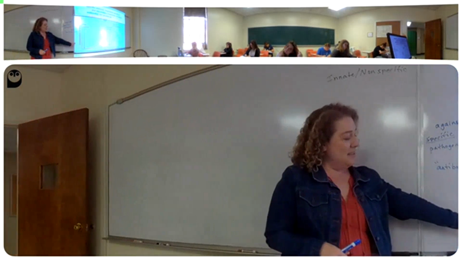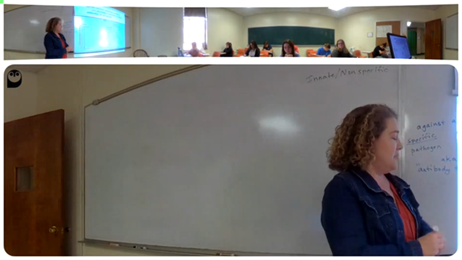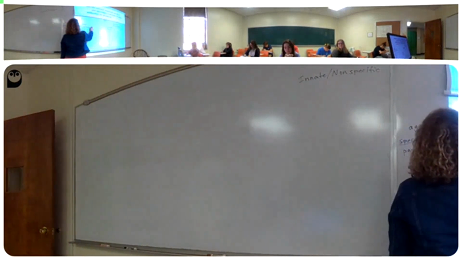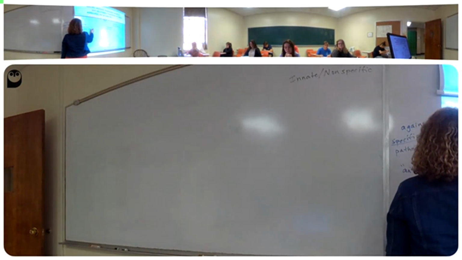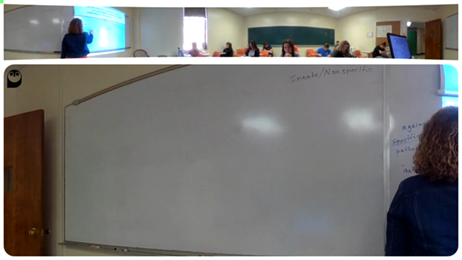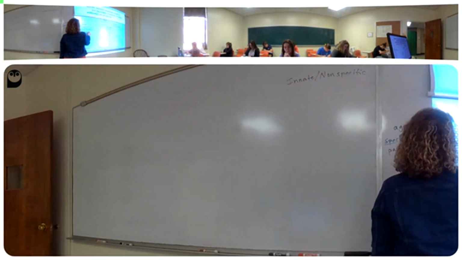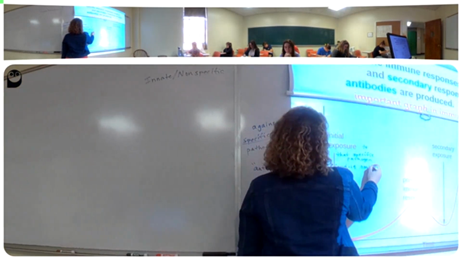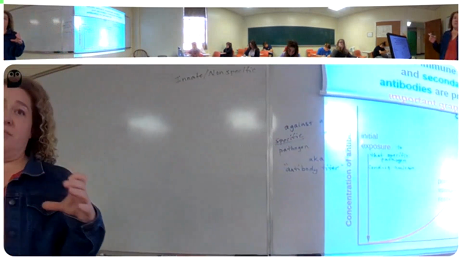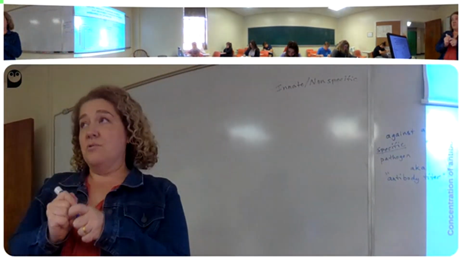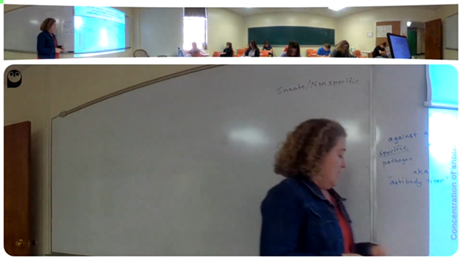This starts when you are very first exposed, so when you have an initial exposure to that very specific pathogen. As an example, COVID-19 Omicron. So not just COVID virus generally, and not just virus generally, but a very specific virus like COVID-19 Omicron.